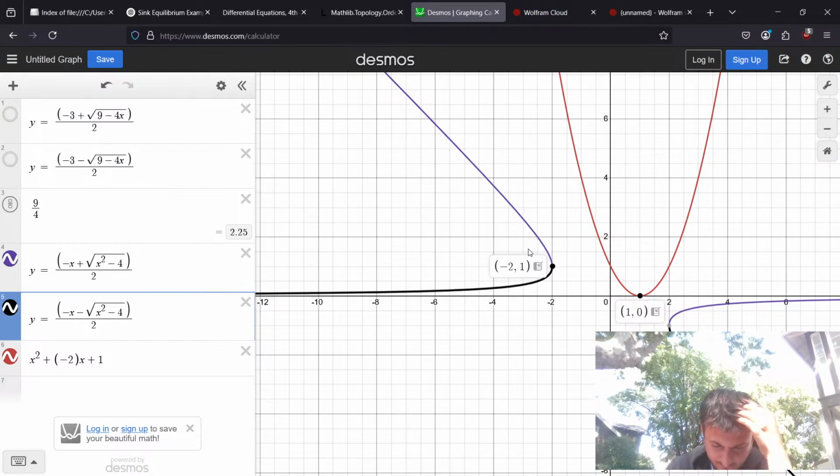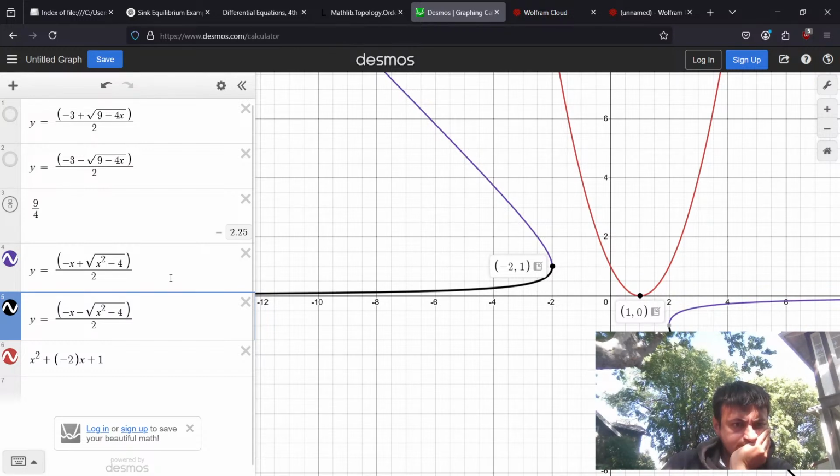It's going to be 1 minus 1 squared minus 2 times minus 1. So we're going to get 1 plus 2 plus 1 is equal to 4. Yeah, okay. I definitely botched something. Okay, we're going to start over.